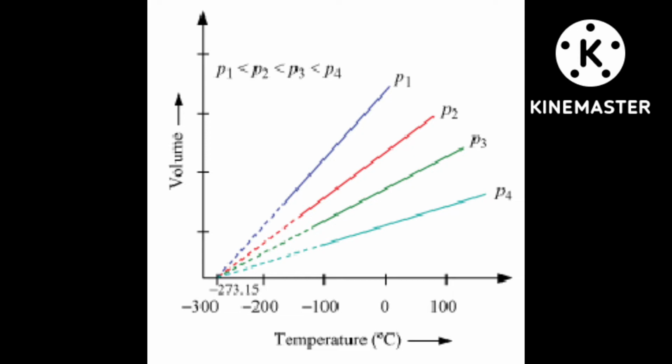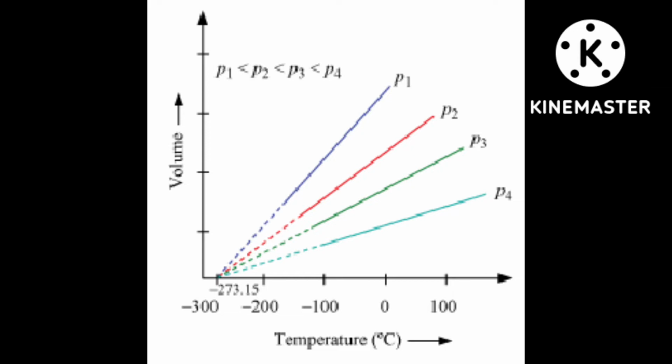It means if you know the value in degree centigrade and want it in Kelvin, then you add 273.15 to it, and you will get the value in Kelvin. Only K is written, not degree centigrade, only K.